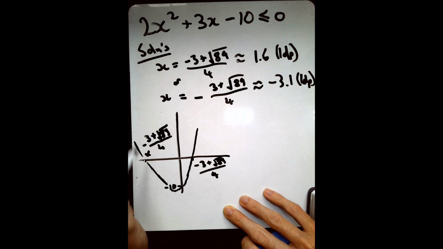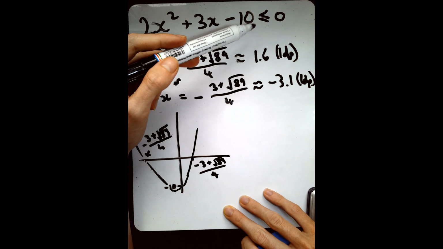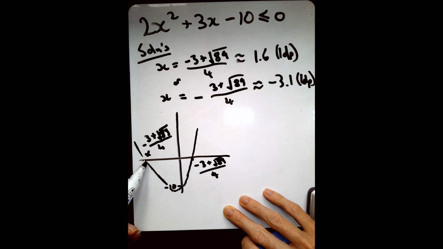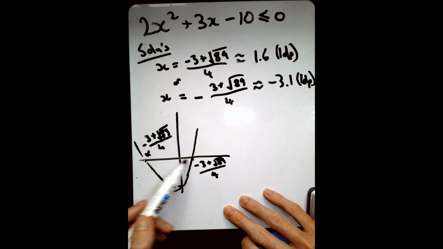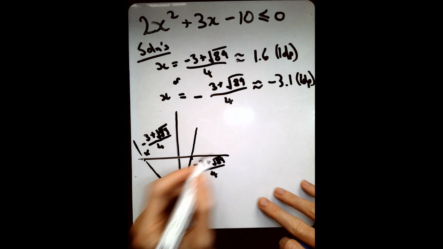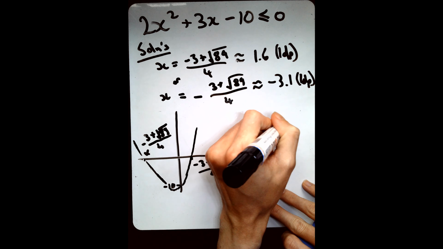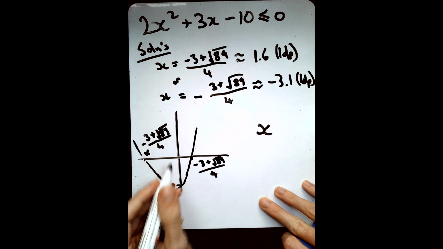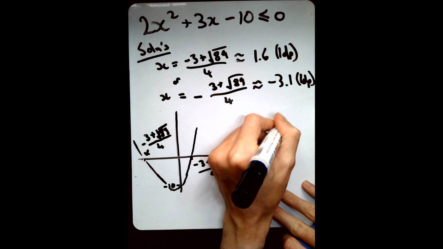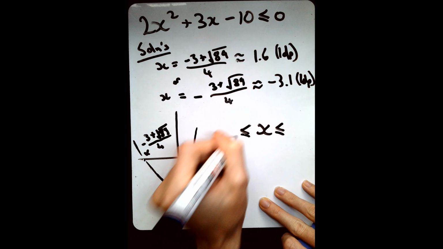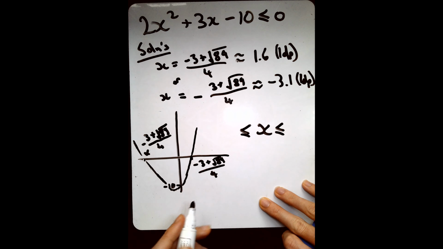Okay, now we want the part where this is less than or equal to 0. So we want the part where the graph is below your x-axis. So we want between these 2 points. Okay, so in terms of writing that, we're going to write x is, and because it's less than or equal to, we can have when it's 0. So less than or equal to and greater than or equal to. We're just going to put this at one end and this at the other end.